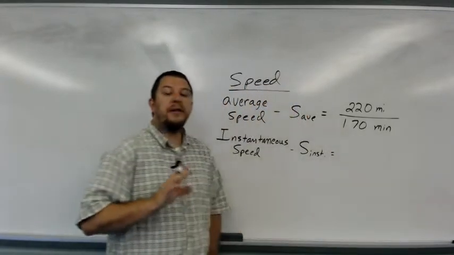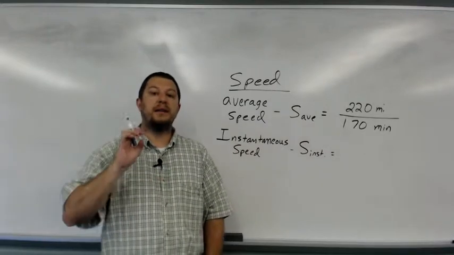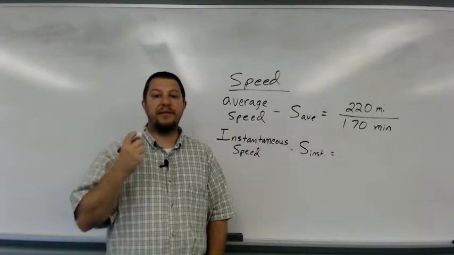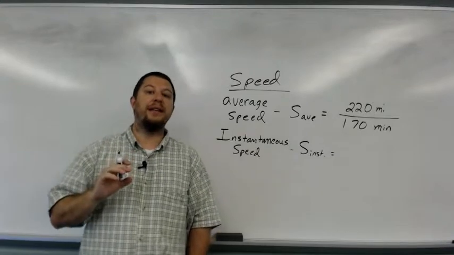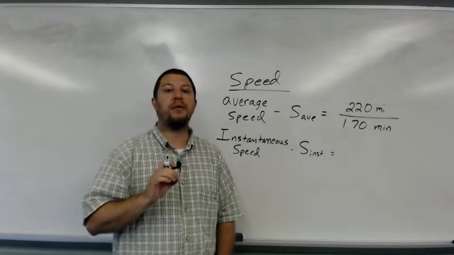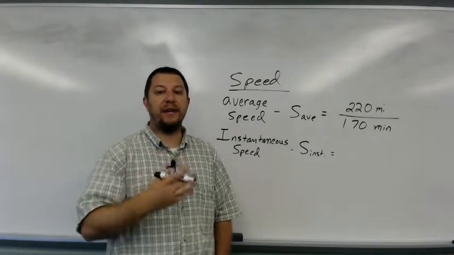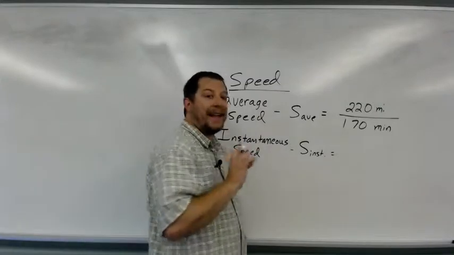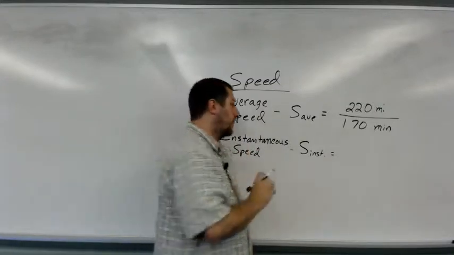Now your instantaneous speed is the speed you're going at a specific point in time. So again, this is exactly what your speedometer would be reading for you at any given moment in time. It is your exact speed at a specific point in time.